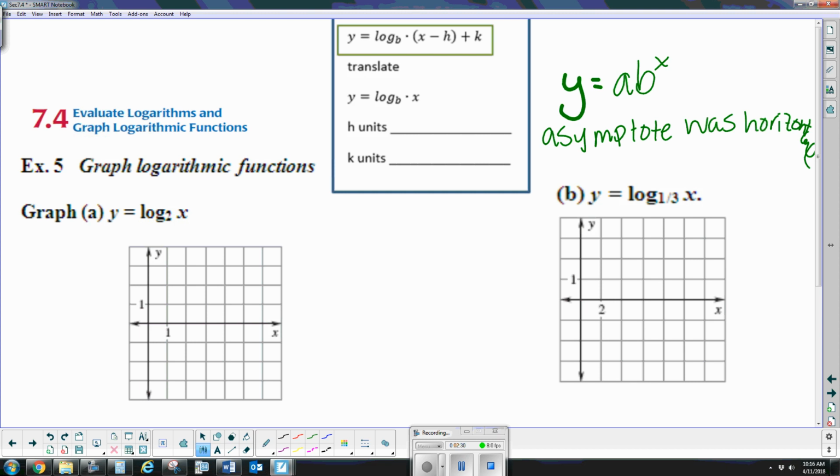But here we're working with an inverse function of an exponential function. So here we're looking for a function y equals log with base b of x. And so our asymptote is vertical.